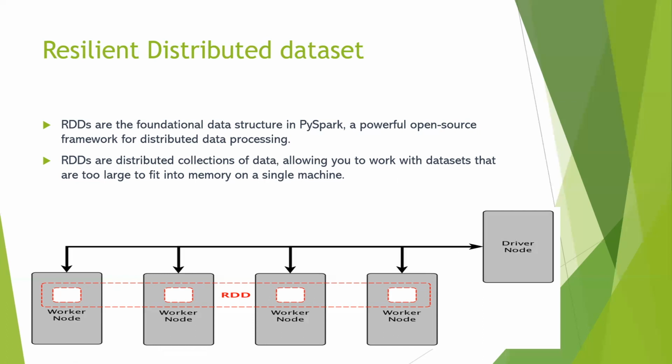For example, you have to work on 1 billion records present in some file, say a CSV file. That data is too large to fit into the memory of a single machine.